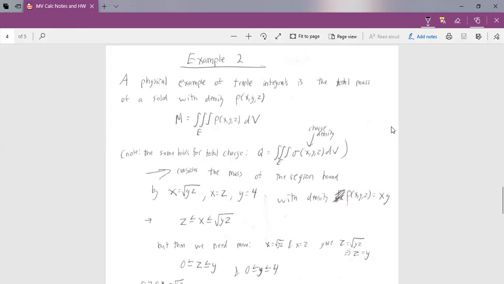Mass of a three-dimensional shape is just equal to the triple integral across the region the shape is in of rho of xyz dv. So here, let's consider the mass of a region bound by x equals the square root of yz, x equals z, and y equals 4.